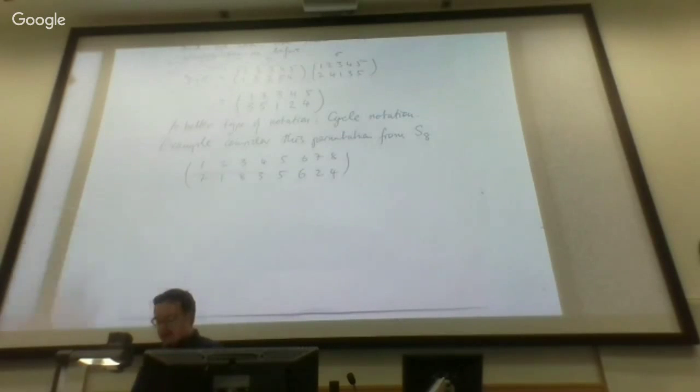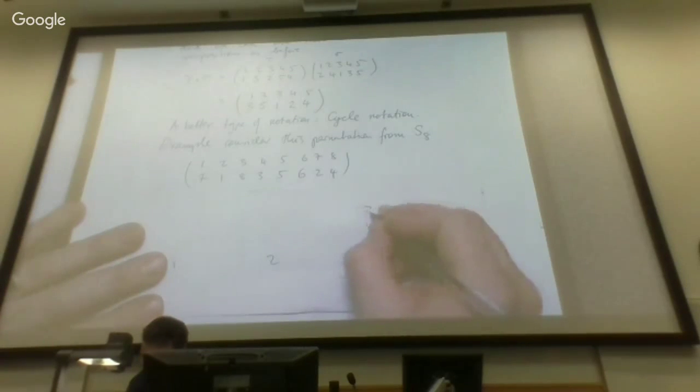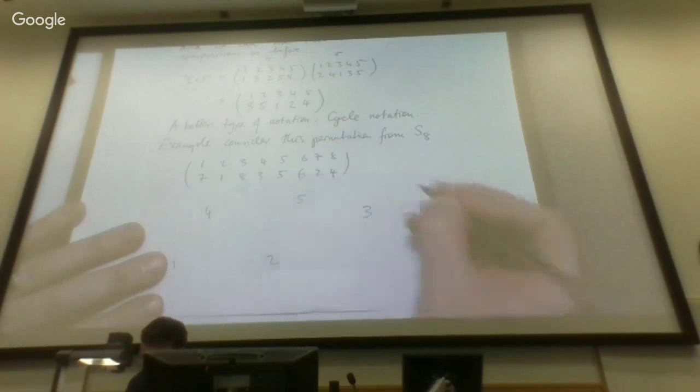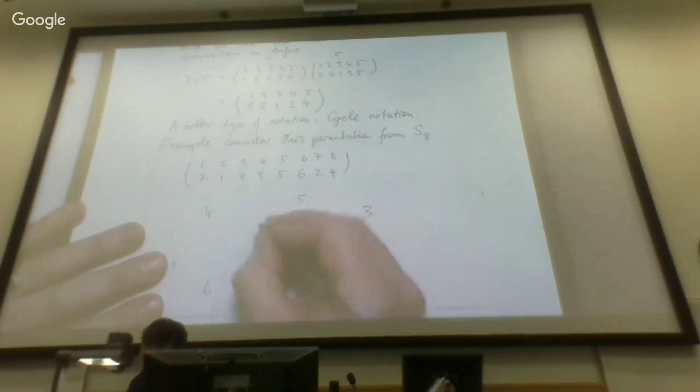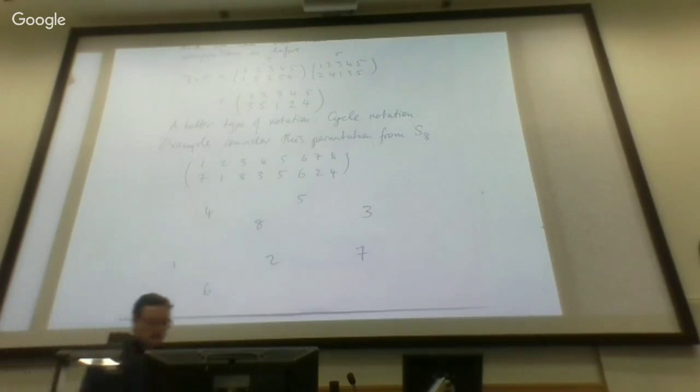To see the cycles within the permutation, let's throw down the elements 1 to 8 in some random order on the page. Remember, these are just 8 different objects, labels for objects. There's no inherent meaning in the order 1 to 8.